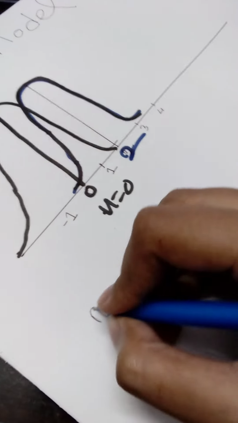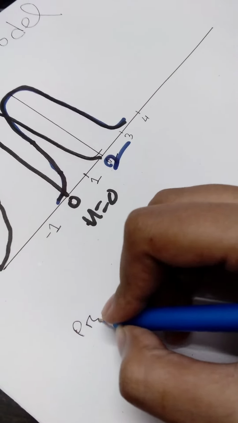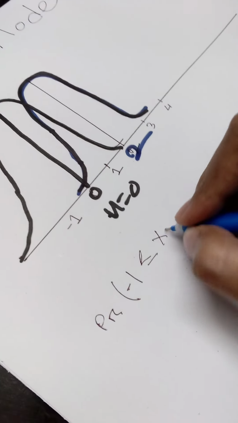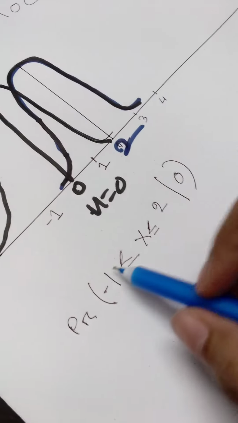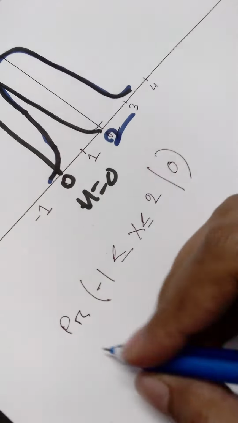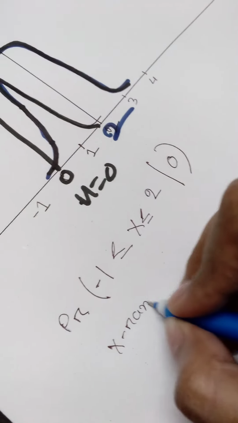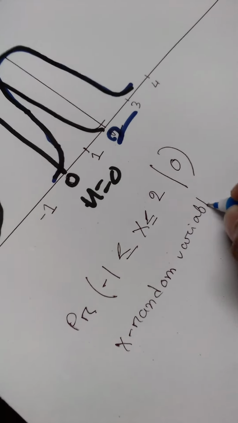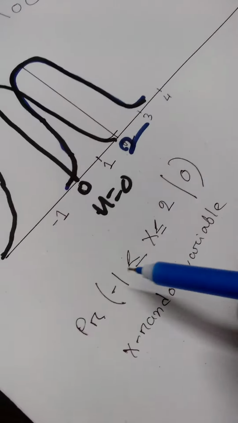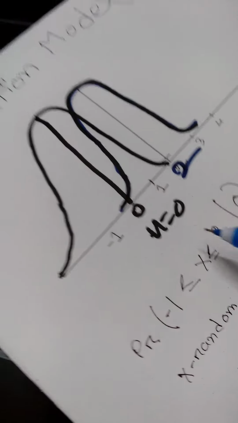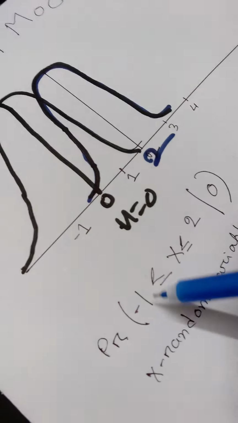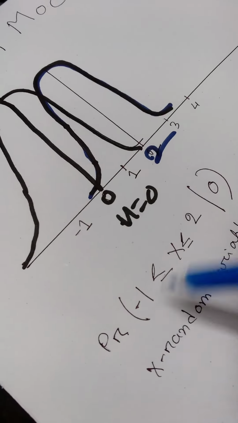Let me write something. Probability of -1. Now we have some function, and x is a random variable, and for the range of -1 to 2 for x, the graph is here, the mean mu is 0.